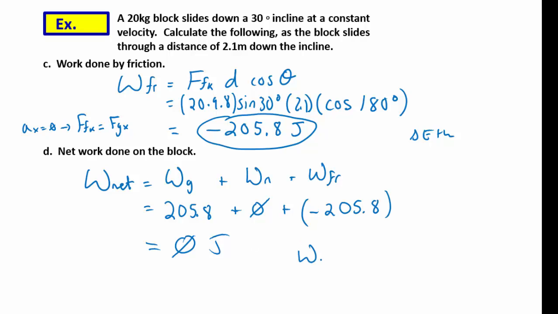The other way we can think about this is that the net work is just equal to the net force times d cosine theta. And because the net force was 0, because it was not accelerating, there was no net force, then we know that the work would also be 0.